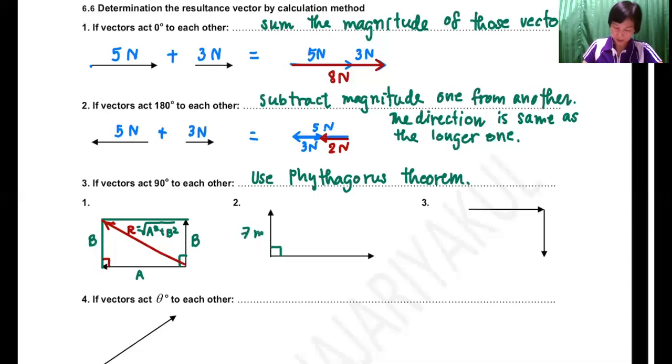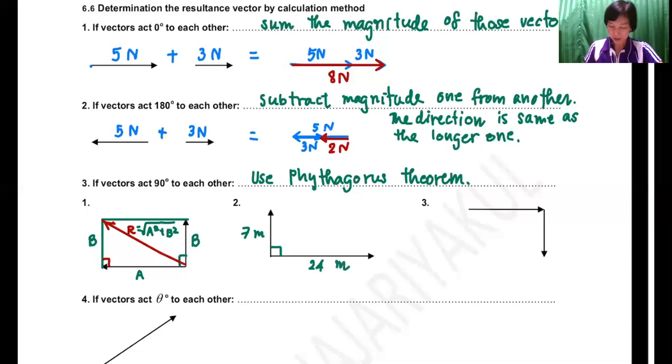I will suppose it is 7 meters, not 7 Newton, because it can be any kind of vector quantity. You already studied that displacement is a vector quantity, so I can suppose it is 7 meters. The next vector has a magnitude of 24 meters.